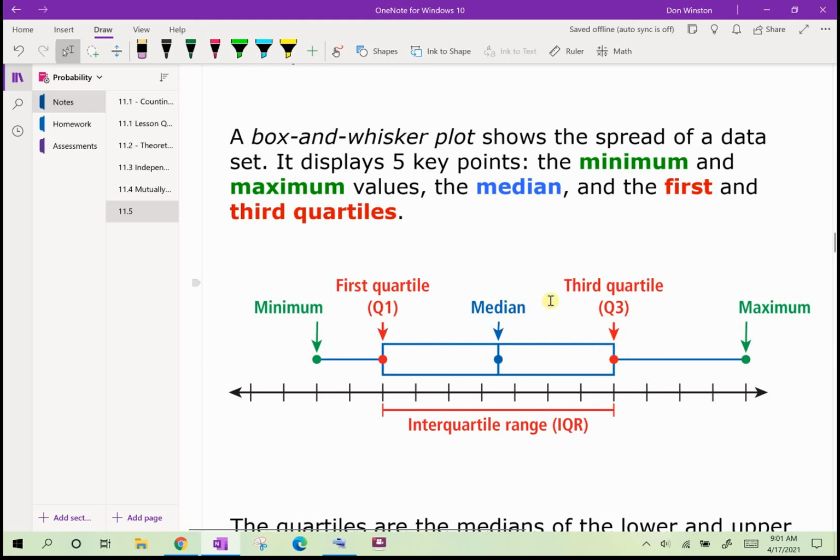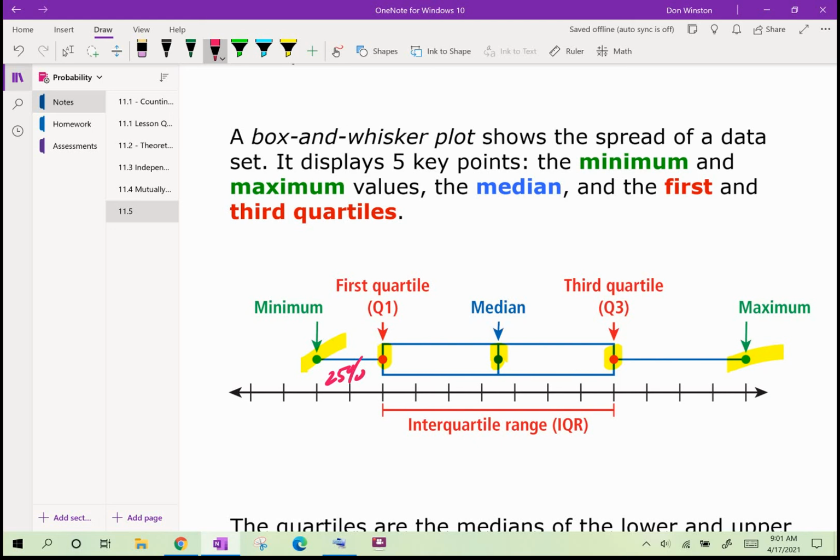It displays 5 key points: the minimum value, the maximum value, the median, the number right in the middle, and then the first and third quartiles. And why are they called the first and third quartiles? Well, because in a box and whisker plot, between the minimum and the first quartile, we have 25% of the data.